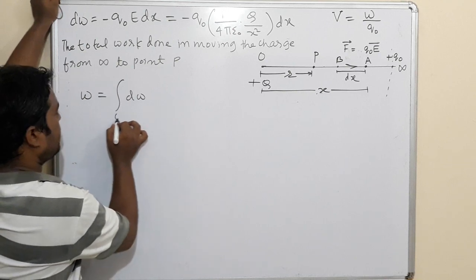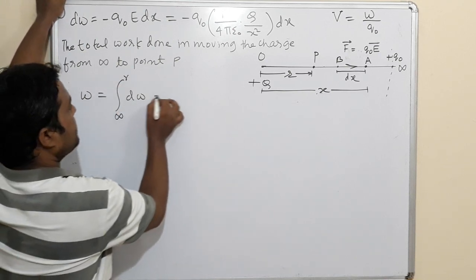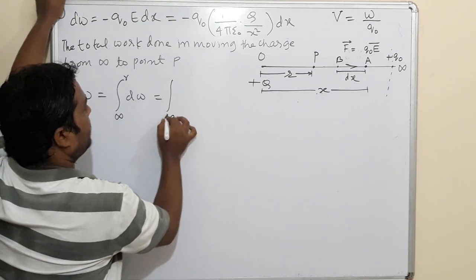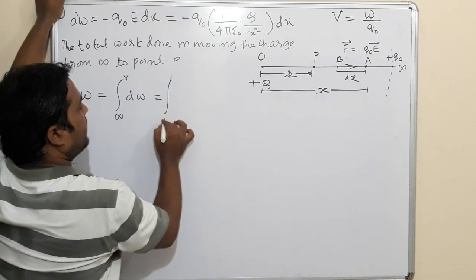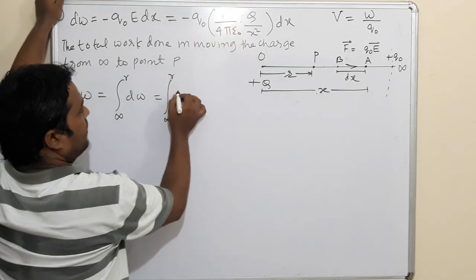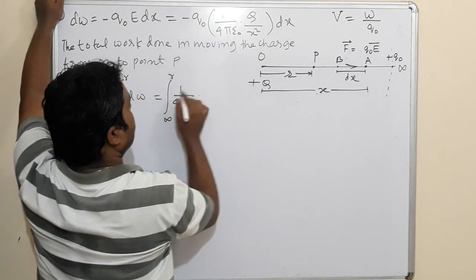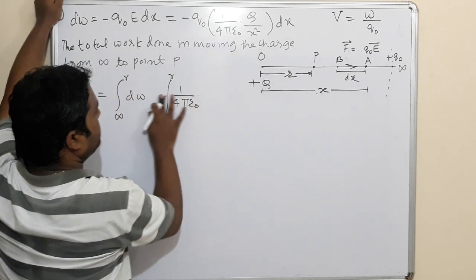Then that distance will be from infinity to R. What is this work done? It will be 1 by 4 pi epsilon naught, and I will take the minus outside.